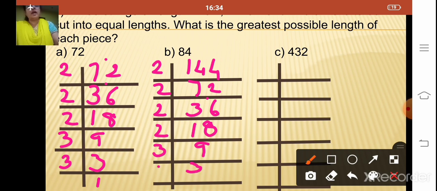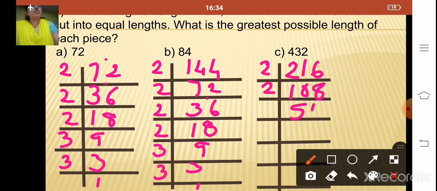Now let us find the prime factors for the number 216. Here 2, 108, it is not divisible, 1 is not divisible by 2, so you'll put 0. So 16 you'll take, 2 eights are 16, 2 fives are 10, 2 fours are 8, 2 twos are 4, 2 sevens are 14, 27 is divisible by 3, 9s are 3.